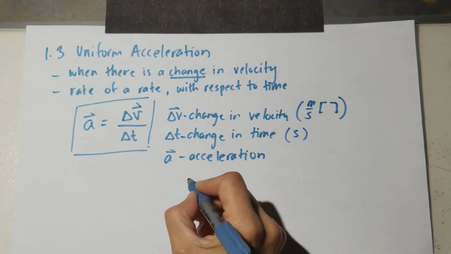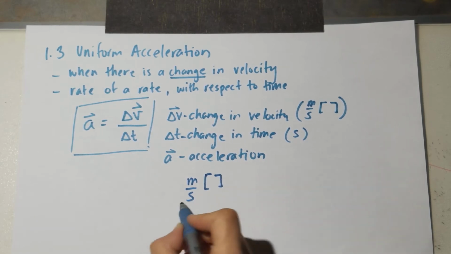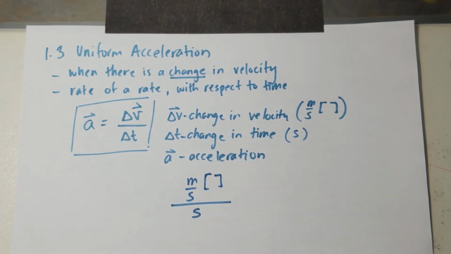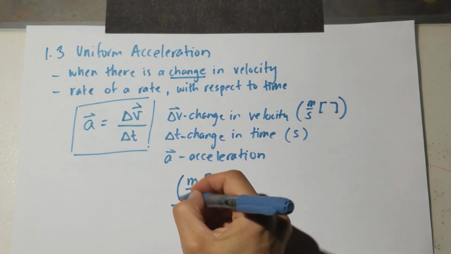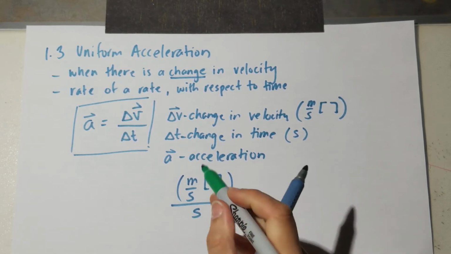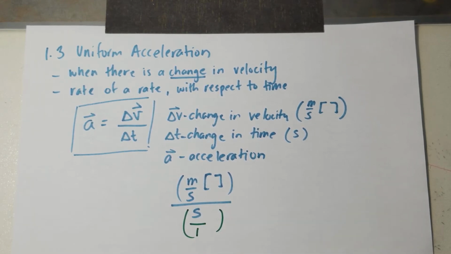Well, in the numerator, it's meters per second with some direction divided by seconds. But as we know in math class, when we're dividing by a fraction, even though this doesn't look like a fraction, every whole number is a fraction. So I have to make the denominator look like a fraction.